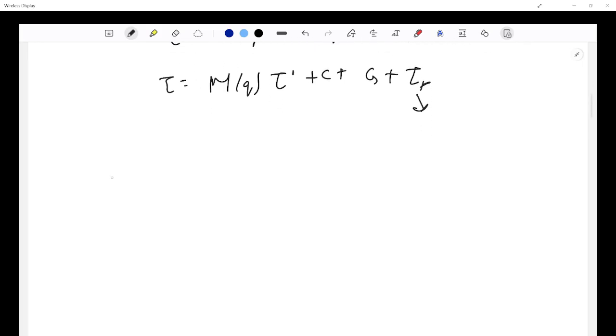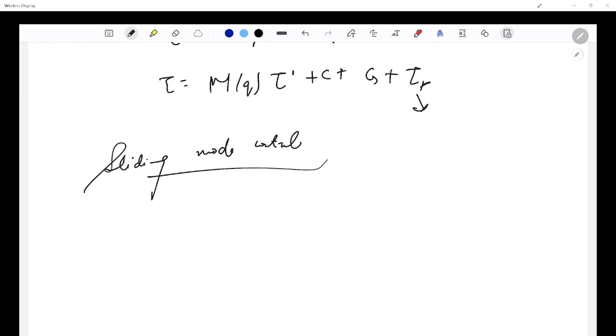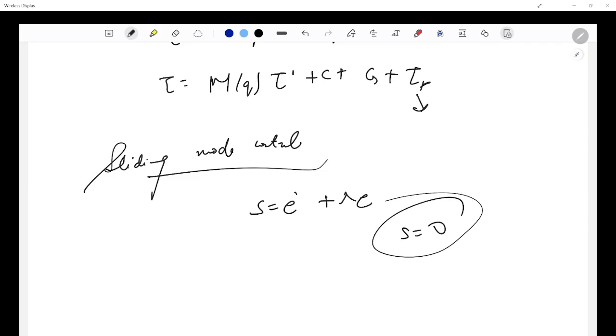Another non-linear control method is sliding mode control. Here we define a sliding surface, and our goal is to achieve s equal to 0, and then we define the control law, etc. There is a reaching phase and a sliding phase.